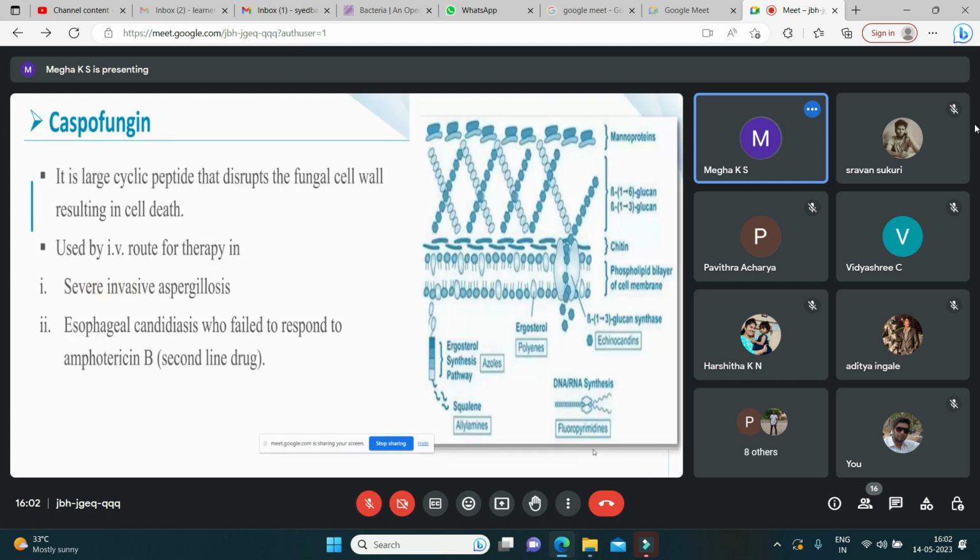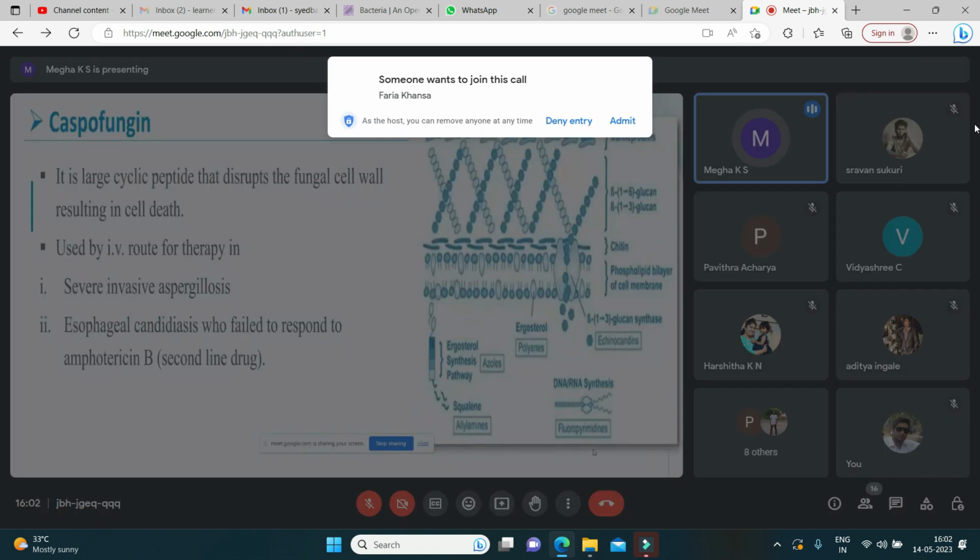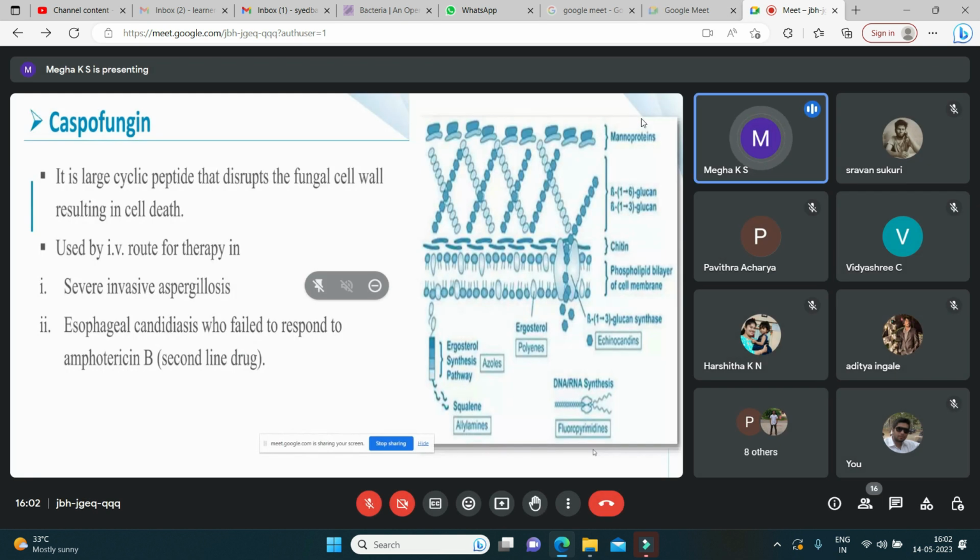Caspofungin is a large cyclic peptide that disrupts the fungal cell wall, resulting in cell death. Used for therapy in severe invasive aspergillosis and esophageal candidiasis in patients who fail to respond to amphotericin B, used as a second-line drug.